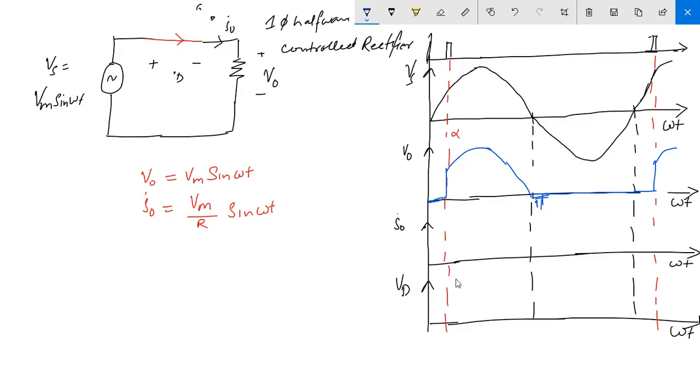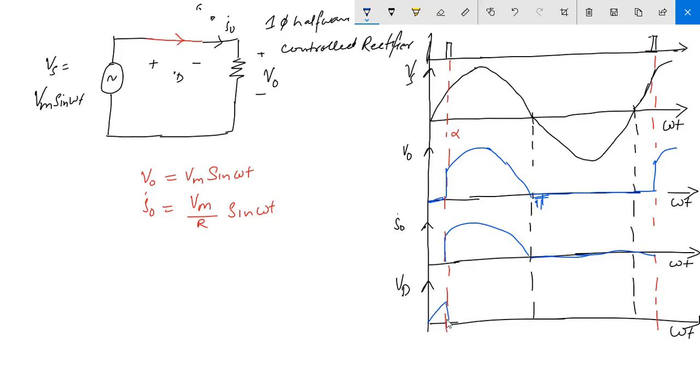So the current shape will also be similar, but the magnitude will be a bit less because it is divided by R. Okay, now consider the voltage across your SCR.